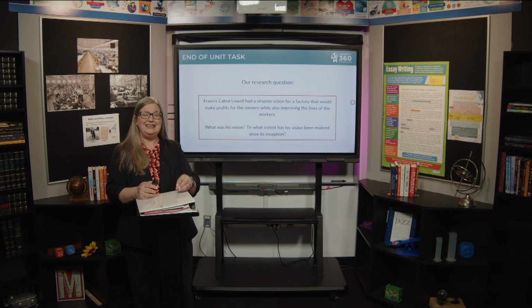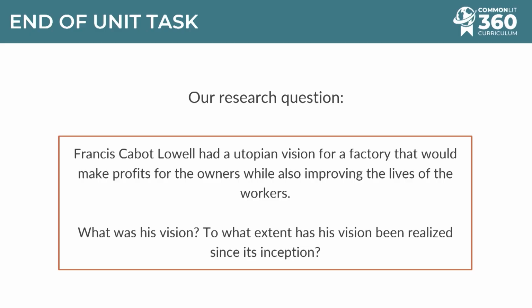At the end of this unit, and it is fairly long, we are going to be answering a couple of questions to this entire prompt. Francis Cabot Lowell had a utopian vision for a factory that would make profits for the owners while also improving the lives of the workers. What was his vision? And then to what extent has his vision been realized since its inception?